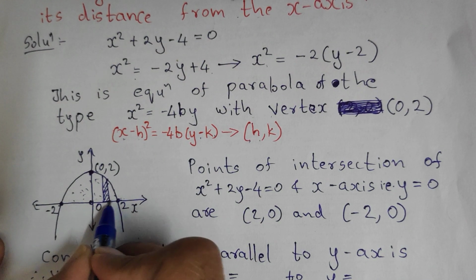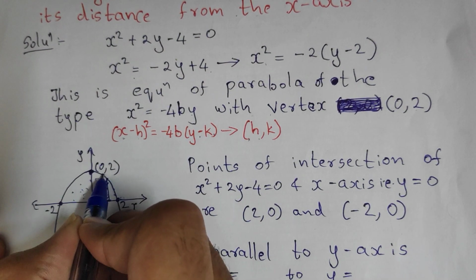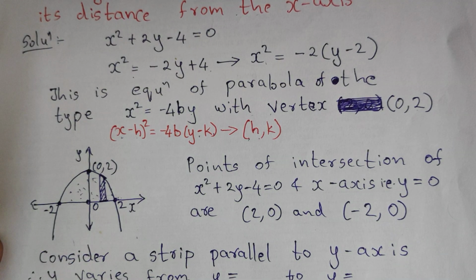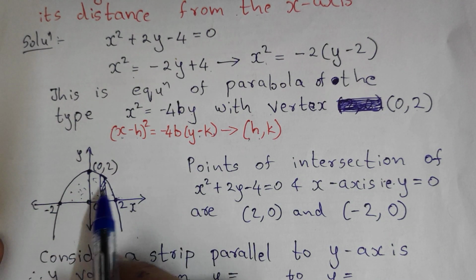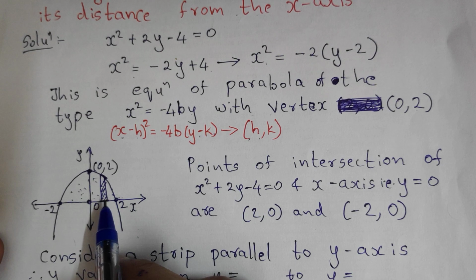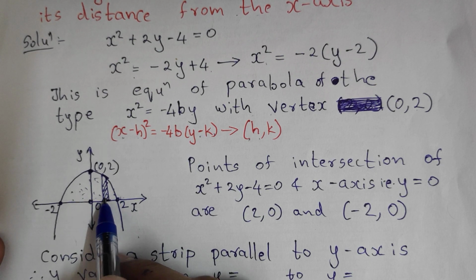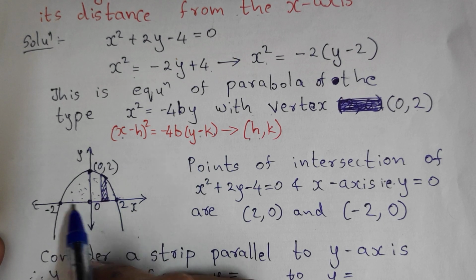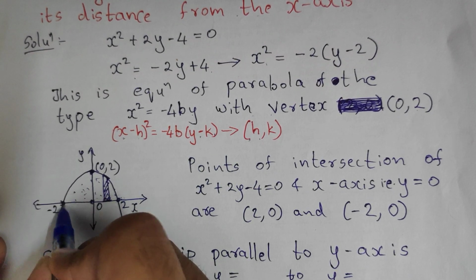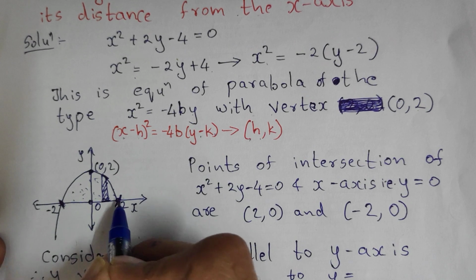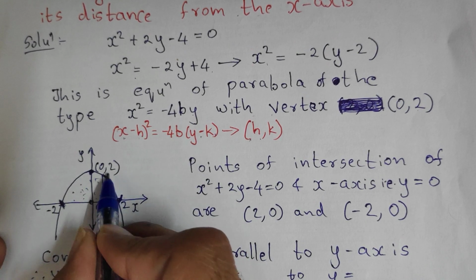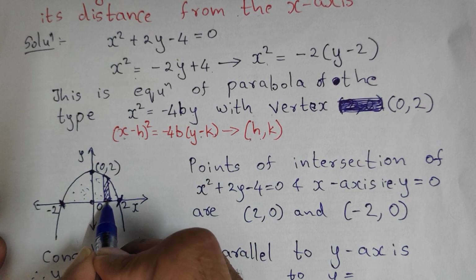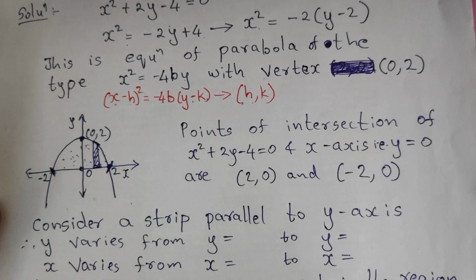The limits of y will be from the x-axis to the parabola, and the limits of x we'll find from where the region cuts the x-axis, from this point to this point.